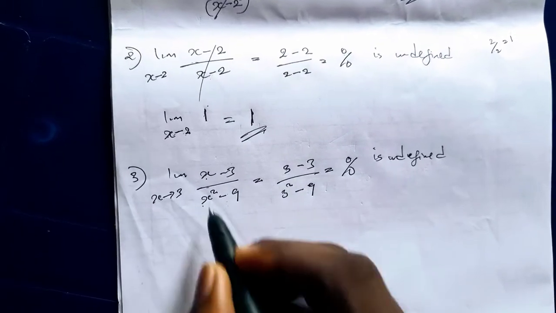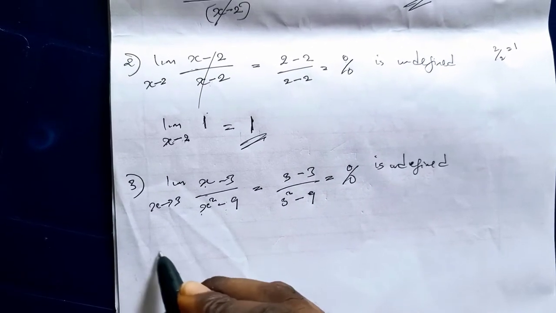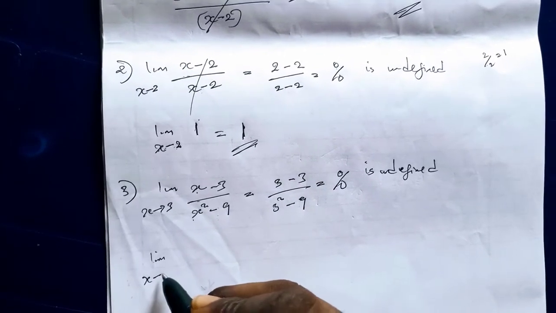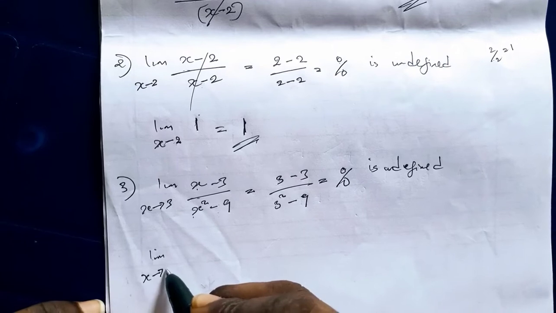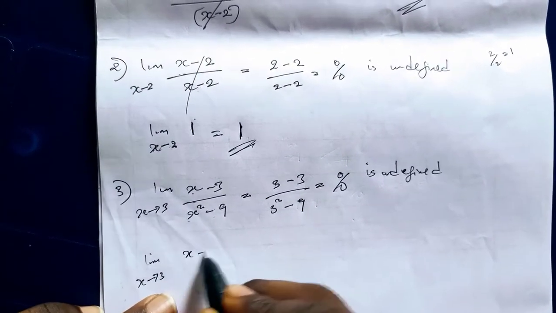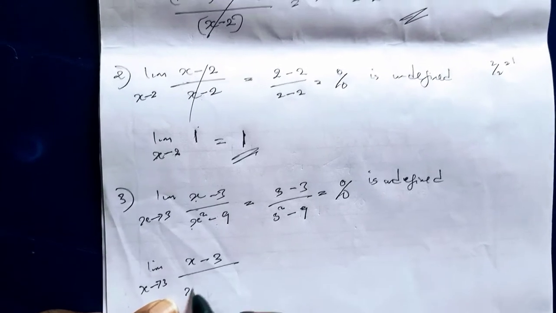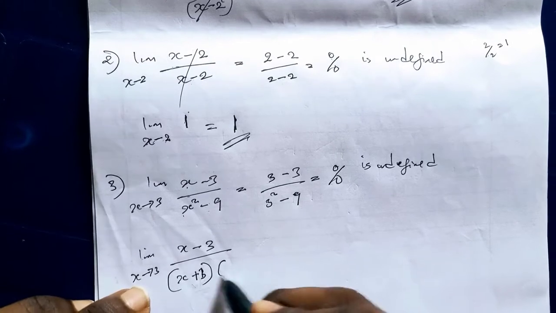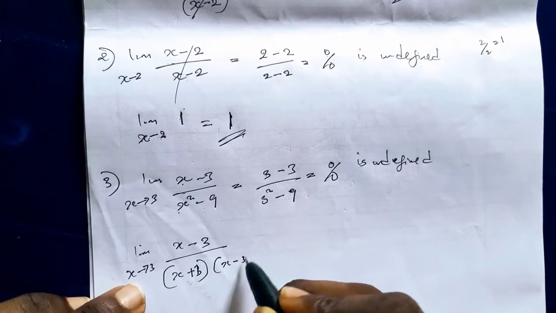So we can rewrite this, okay? This limit as x approaches 3 of x minus 3 over x plus 3, x minus 3.